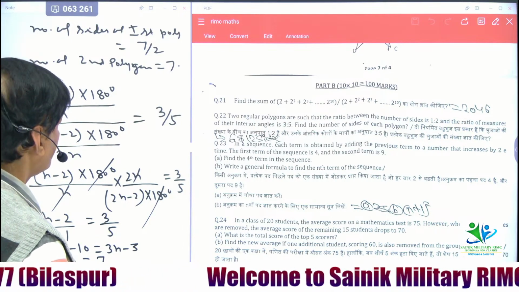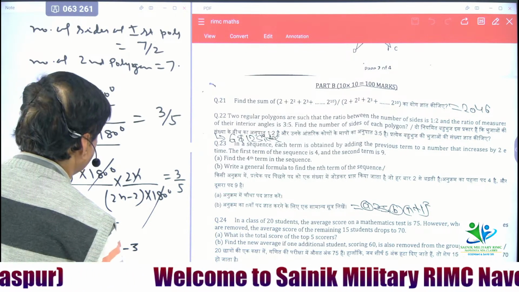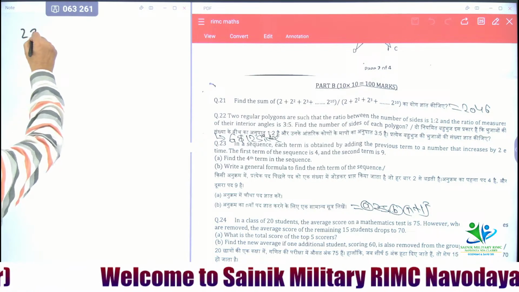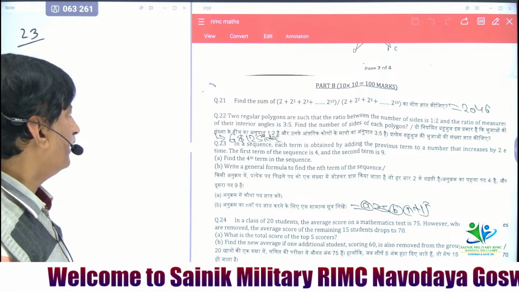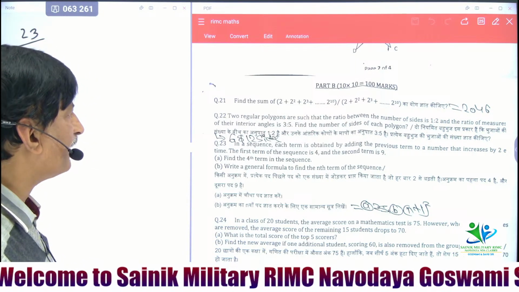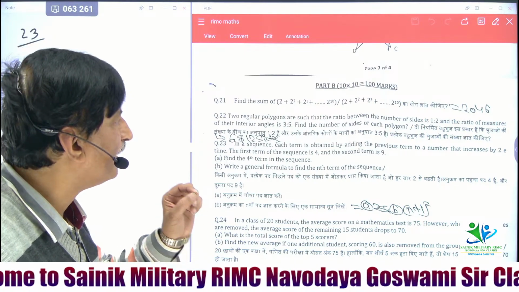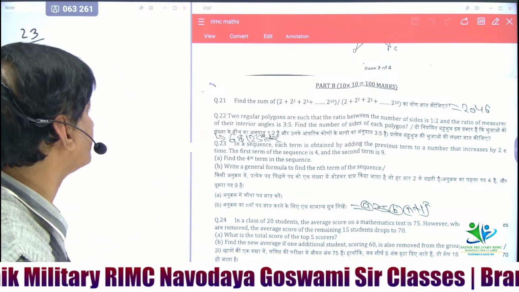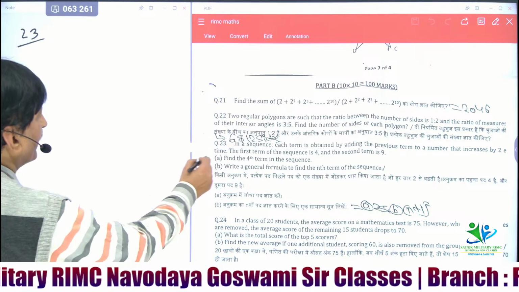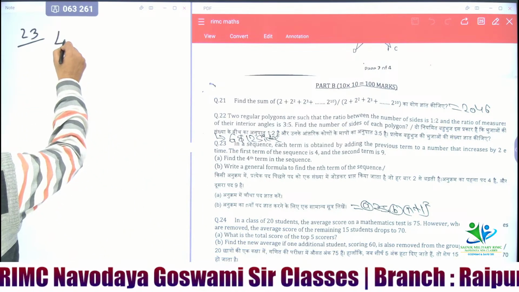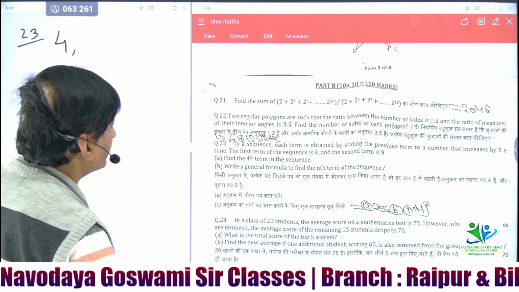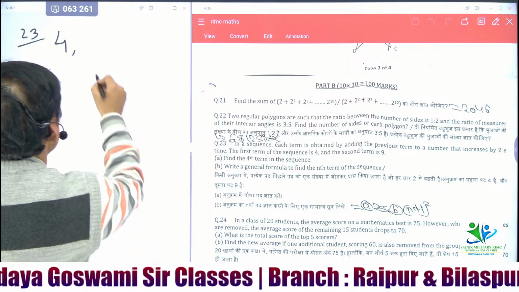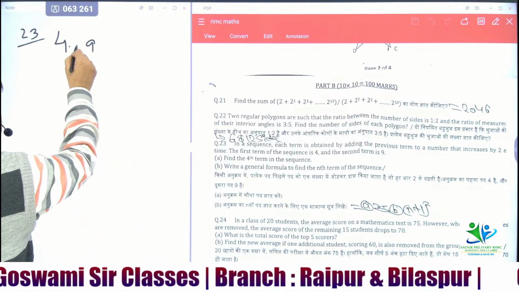Okay. Now see question number 23. In a sequence, each term is obtained by adding the previous term to a number that increases by 2 each time, and the first term of the sequence is given 4, and the second term is 9. Now see the difference.